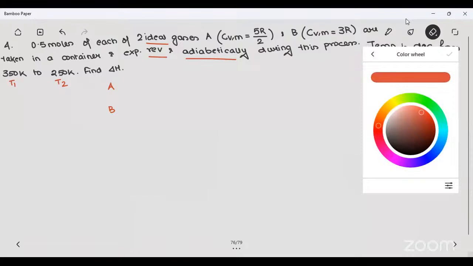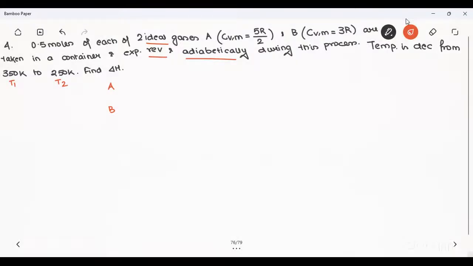So what are the things which are provided to us? For A, CVM is given as 5R by 2. For B, CVM is given as 3R. So if CVM is given, what is CPM?